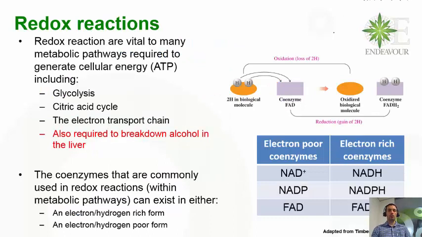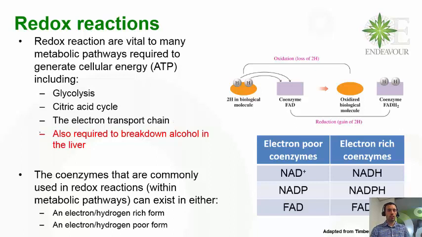So as I said, redox reactions are very important to different metabolic pathways. Many of those that we rely on to generate cellular energy, which is our ATP, actually have redox reactions as part of these pathways. Things like glycolysis, the citric acid cycle, the electron transport chain, all have one or more redox reactions within that process.